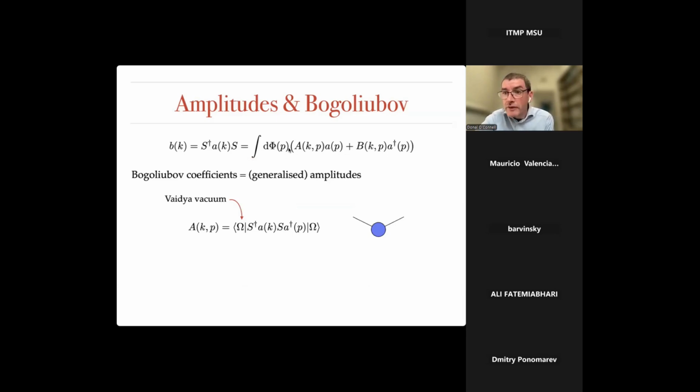The Bogoliubov coefficients, just from this observation, you can write as generalized amplitudes, very similar to the generalized amplitudes in the original part of the talk. To see that, what you do is exploit the fact that I introduce a vacuum omega in the far past, so it's annihilated by the A's.